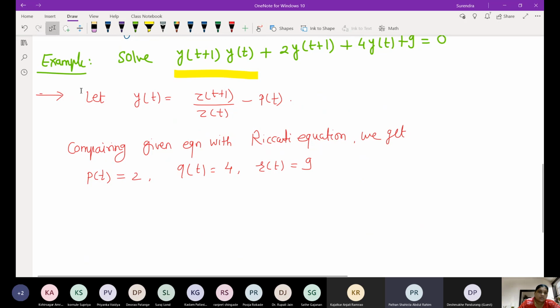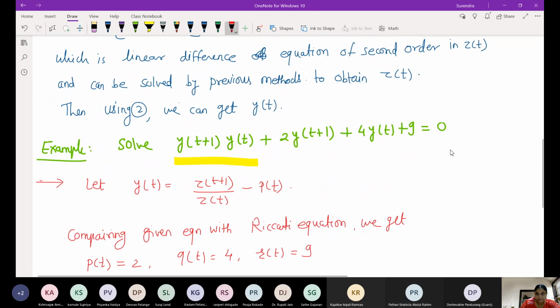Okay. So let us substitute this in the given equation.